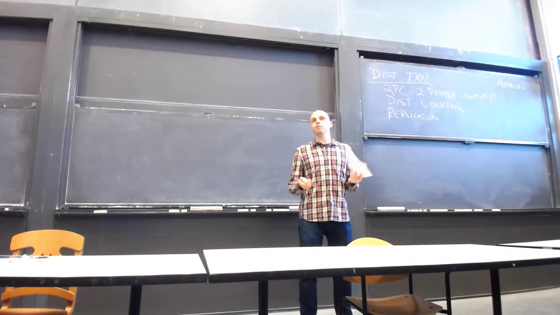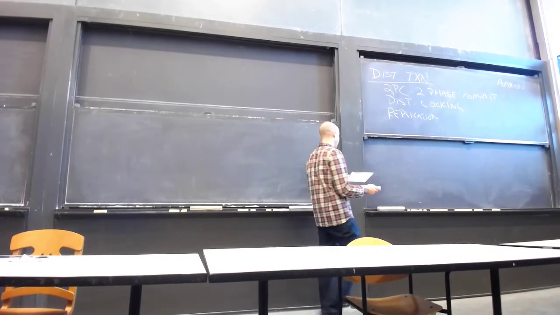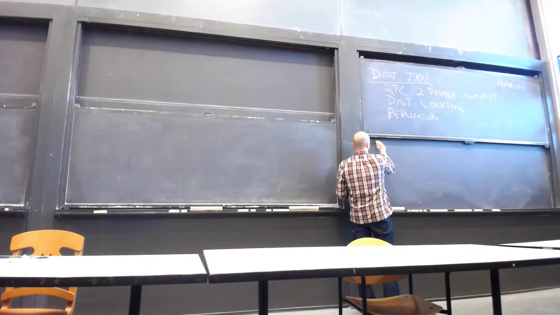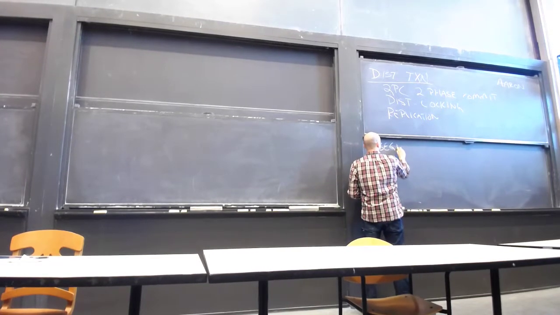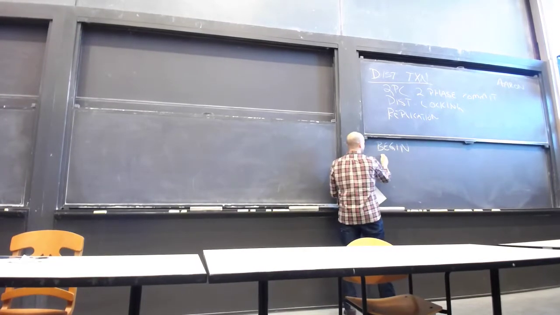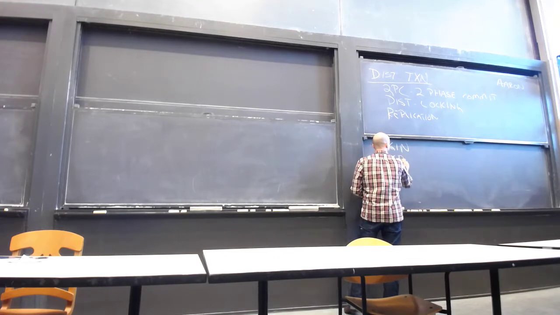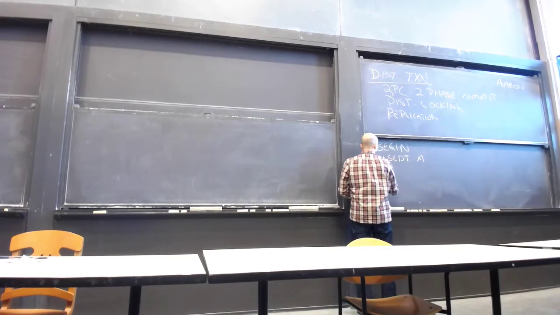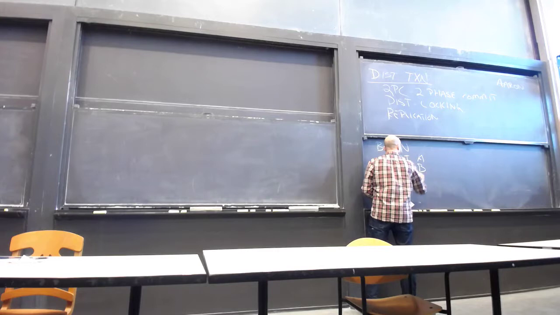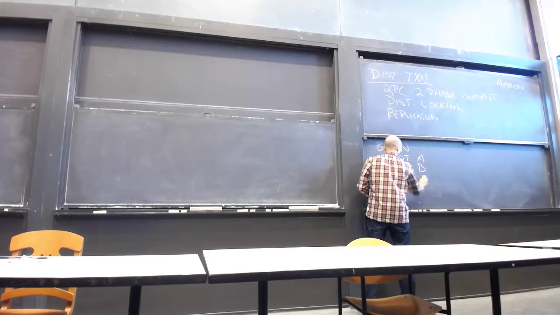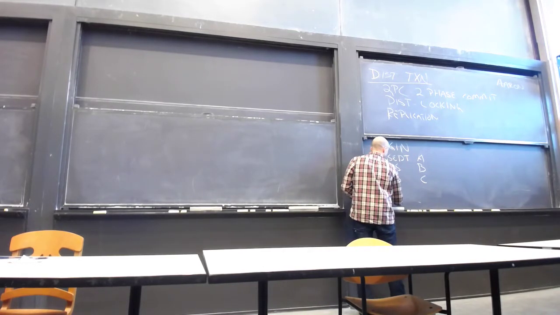So we can think about, well, why do we need this? At a conceptual level, if we had some transaction, and the transaction started, and we did an insert of record A, an insert of record B, an insert of record C, and then we wanted to commit.